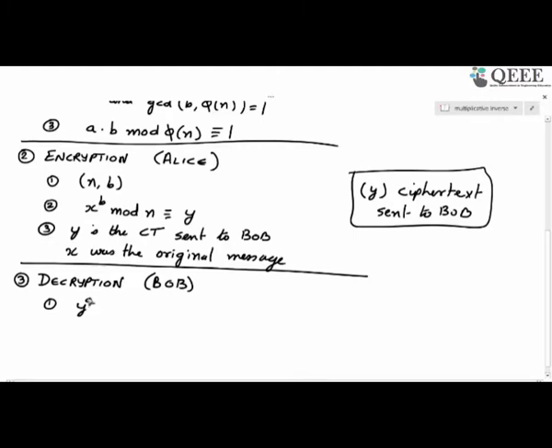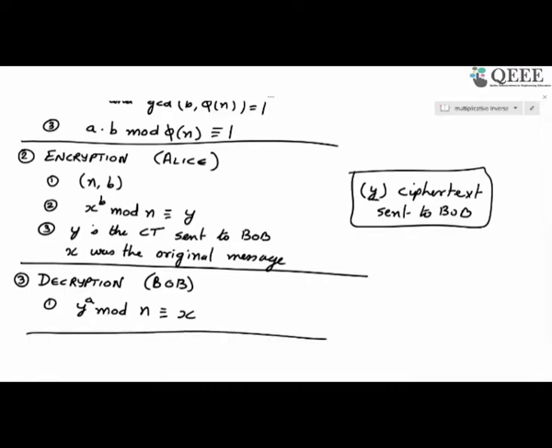Recall that a is the corresponding private key, and does a modular n. And if the private key and n are correct, then this term will be equivalent to the message x. Now, no other attacker or third person on the internet who captures y will be able to do this decryption, because the assumption is that only Bob has the corresponding private key a, right?